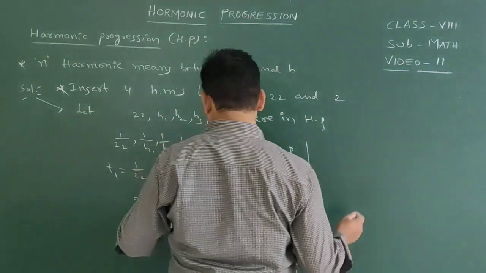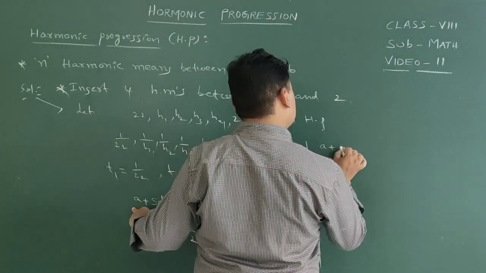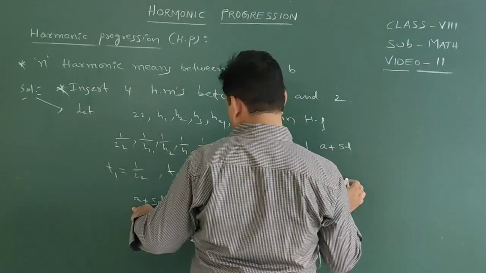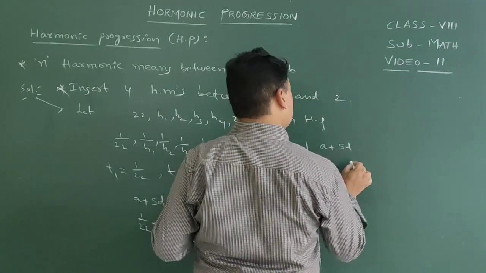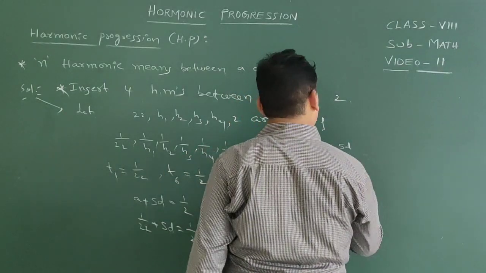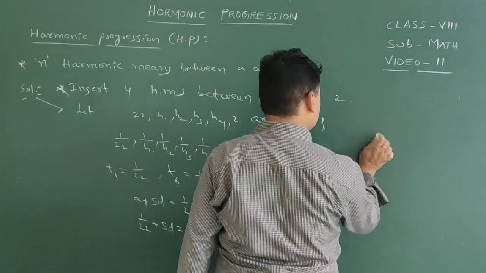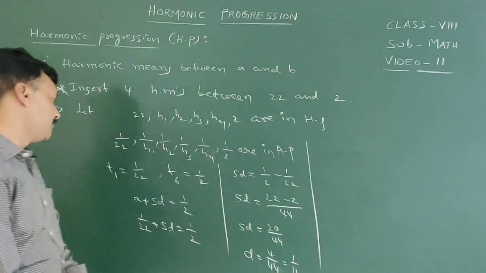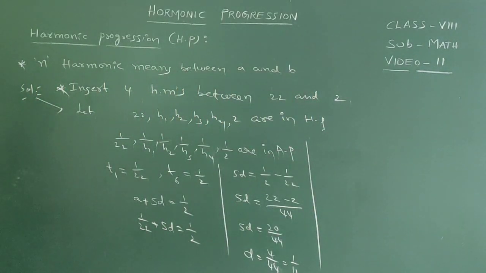Now we have A plus 5D. Here the first term is 1 by 22.